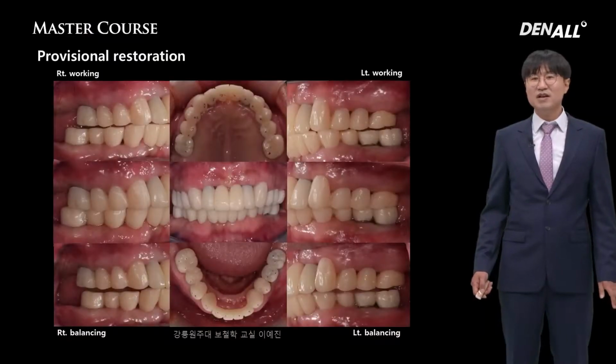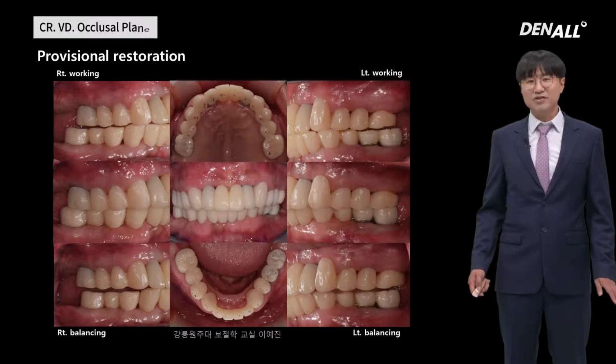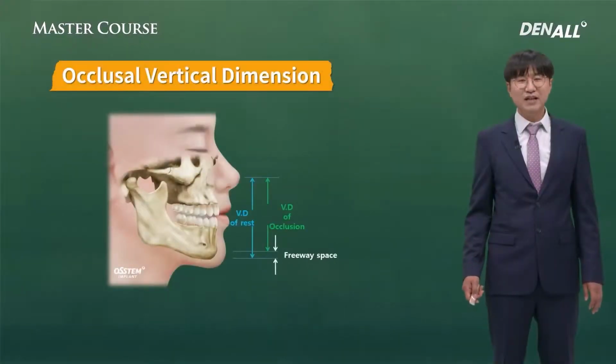Provisional restoration was used to evaluate the patient's adaptation to the increased VD and satisfaction with the function. Definitive prosthesis was completed aesthetically and functionally. Compared to the initial photo, a lot of improvements have been made. In this case, it is not possible to restore without raising VD.